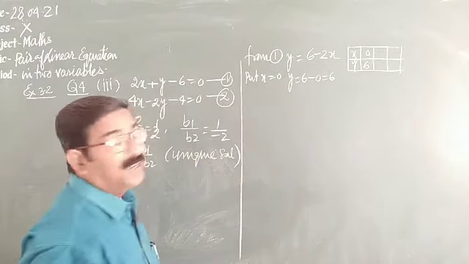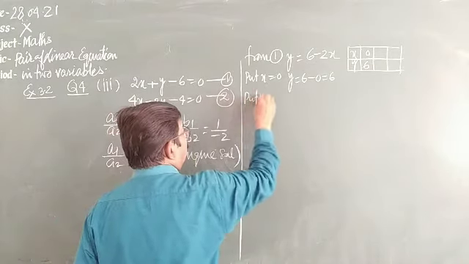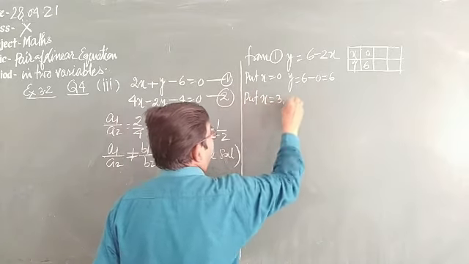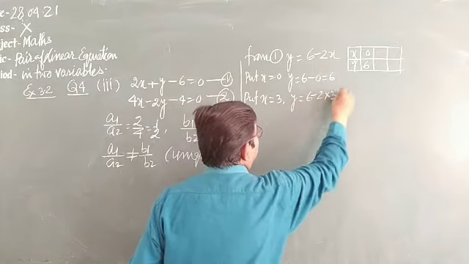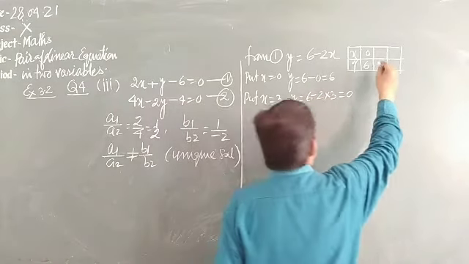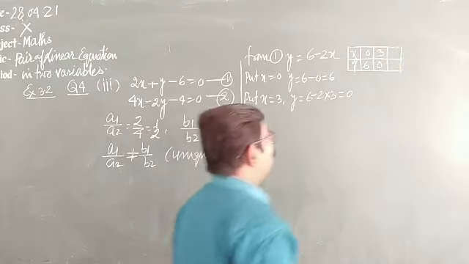Now put x is equal to 3, then y is equal to 6 minus 2 into 3, which is 0.